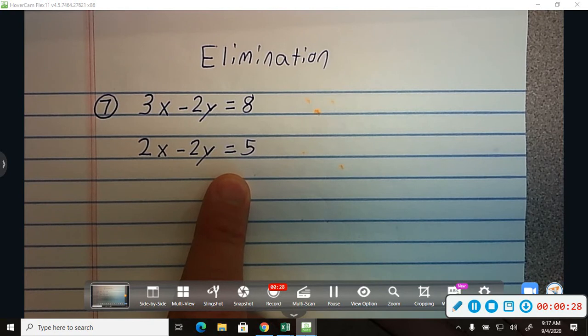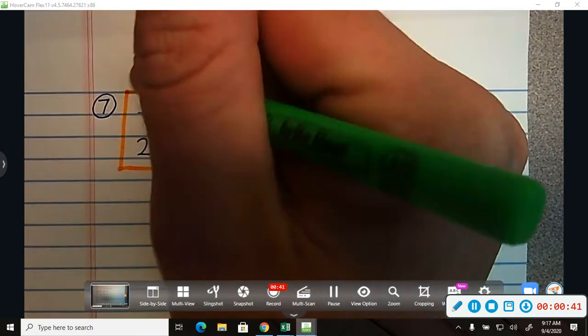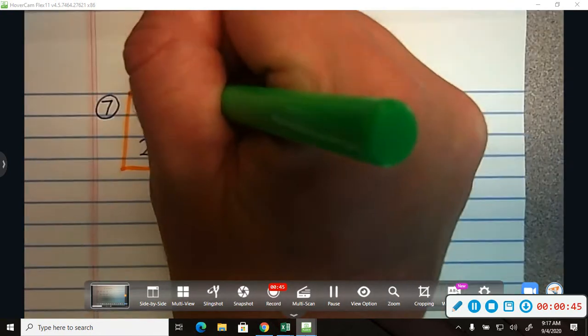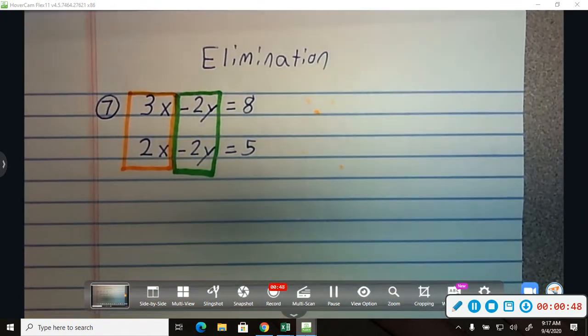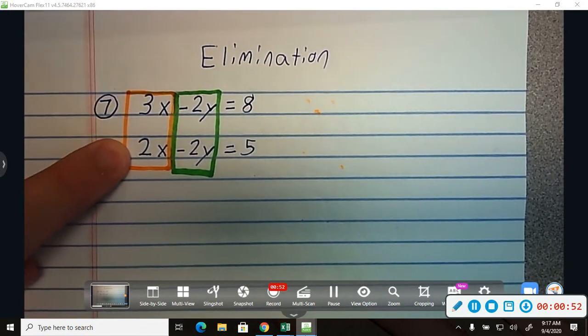And what you need to decide is, do you want to eliminate the x's or do you want to eliminate the y's? And by eliminate, I mean make them such that these are opposite numbers. 3 and 2 are not opposites.